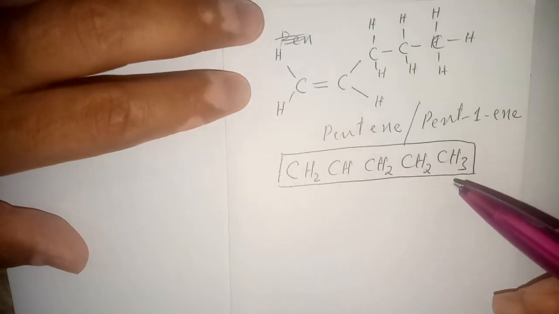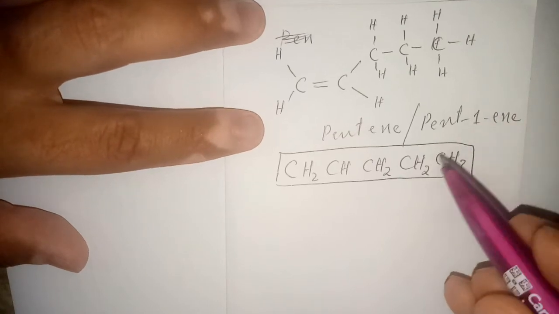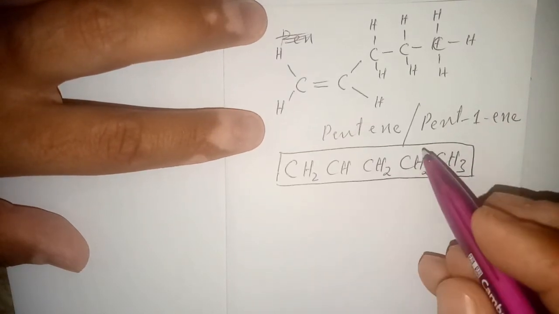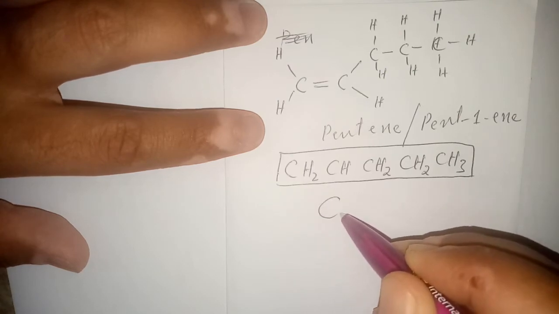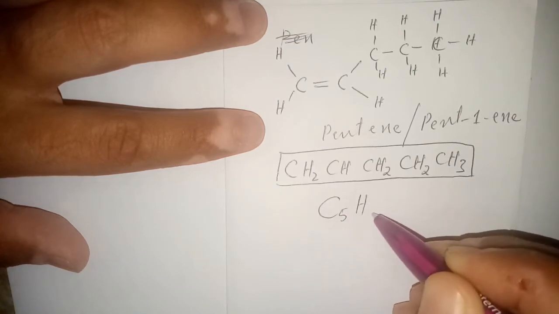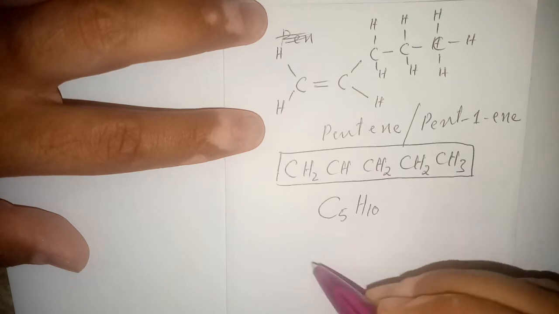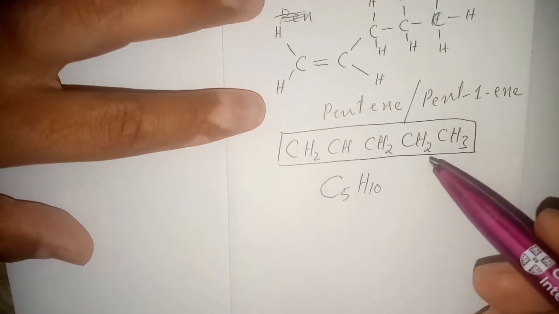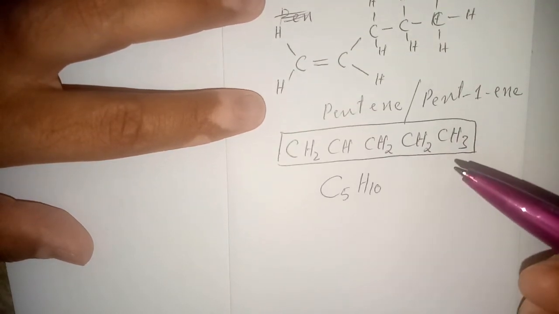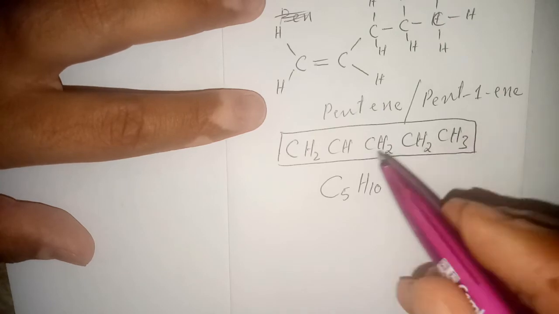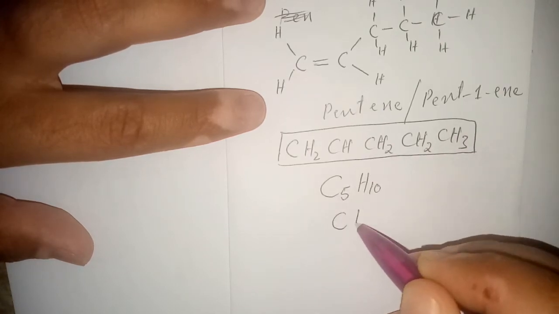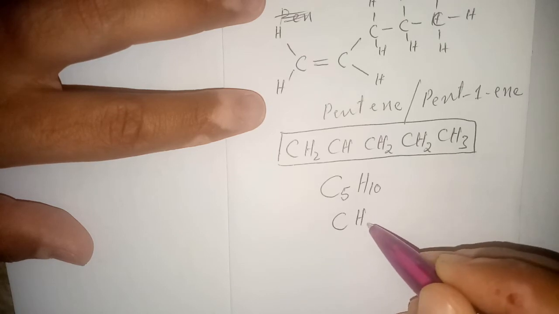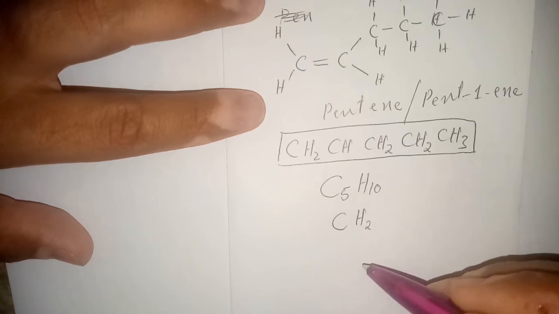And to write the molecular formula, again pause the video and write down the molecular formula. If you correctly mention that, you are right and you are doing a good job. And the empirical formula will be CH2.